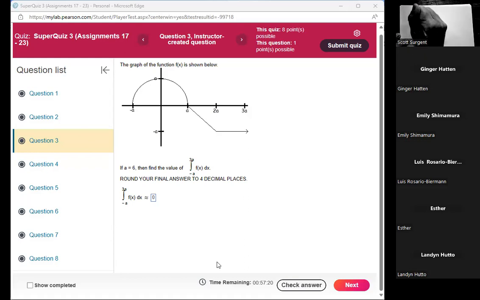And these are units of A, 2A, 3A. The function was F. And it said, if A is 6, find the integral from negative A to 3A of f of x dx. I think this one caught people a little off guard because they were confused by the notation. So this is a good one to know.